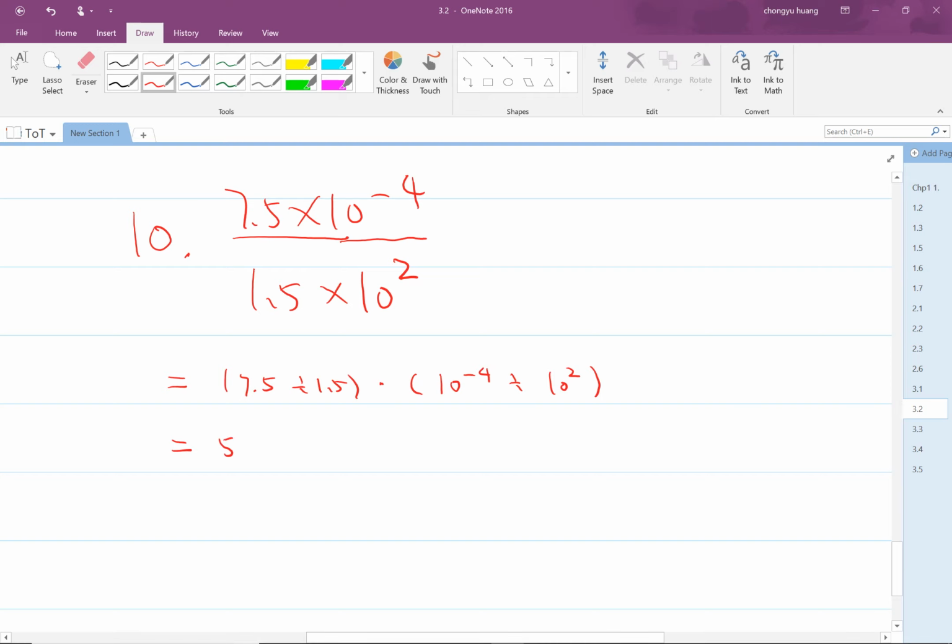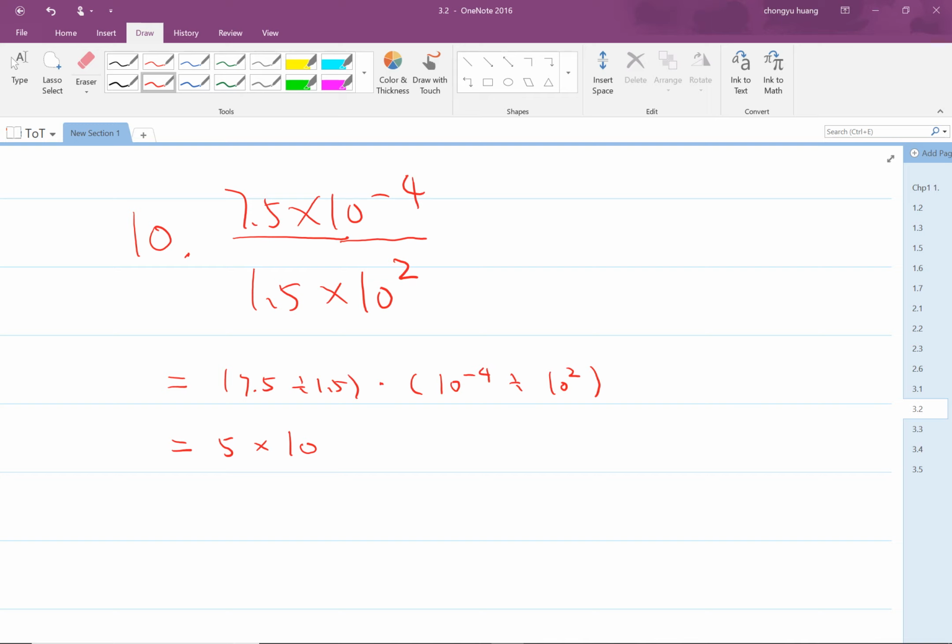And for the other side, what we have on the right hand side is 10 to the power negative 4, and then minus 2.